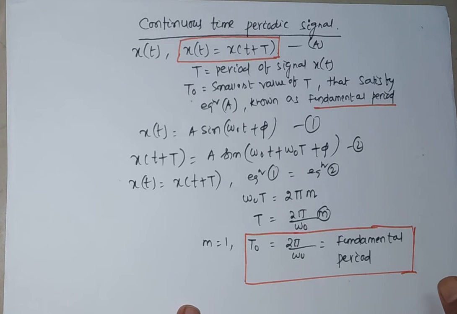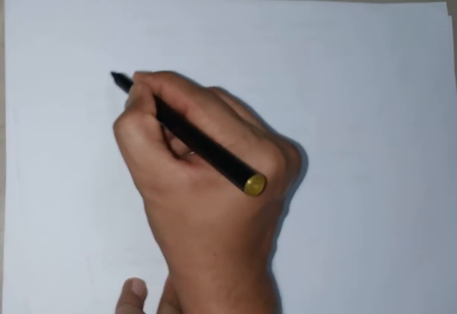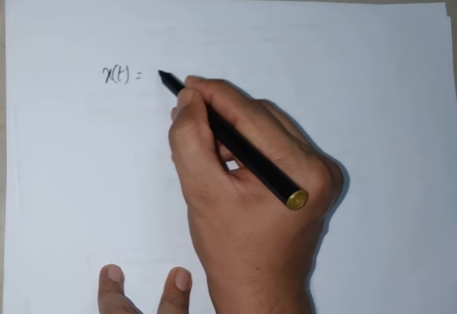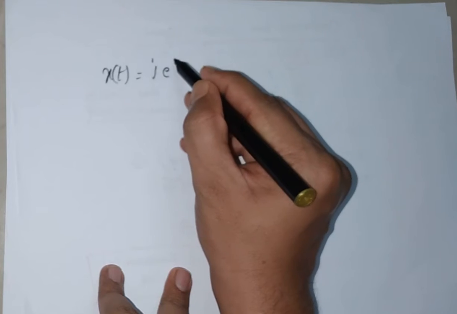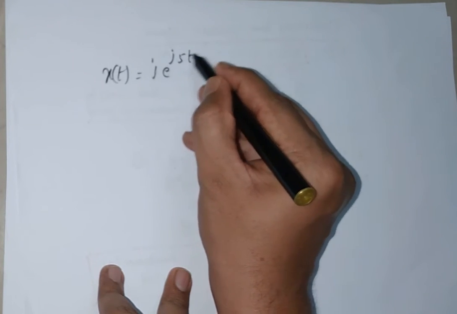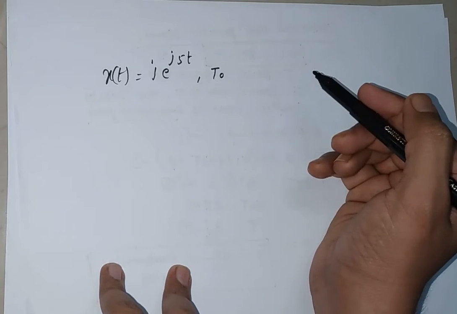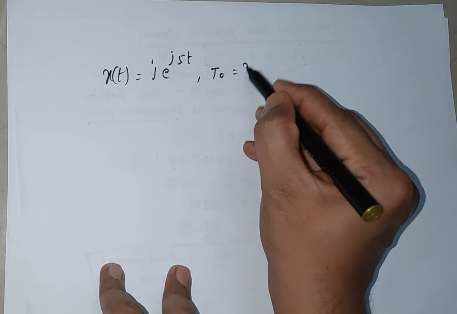Let's discuss some problems. First problem: x of t equals e to the power j 5 t. Find the fundamental period t0.